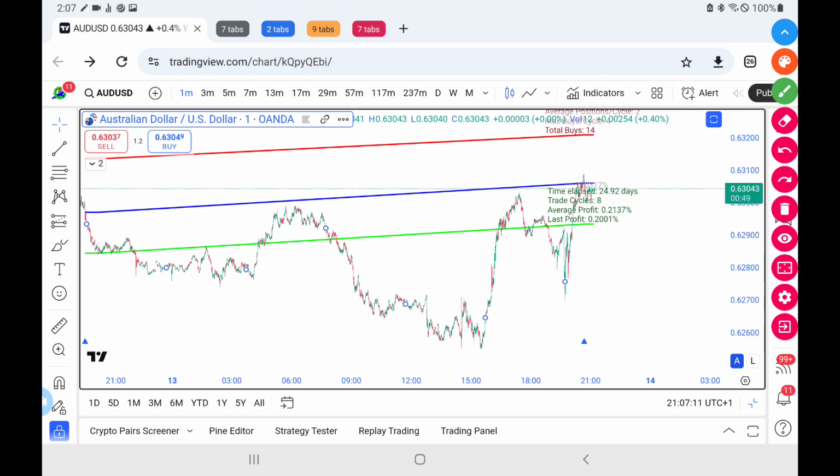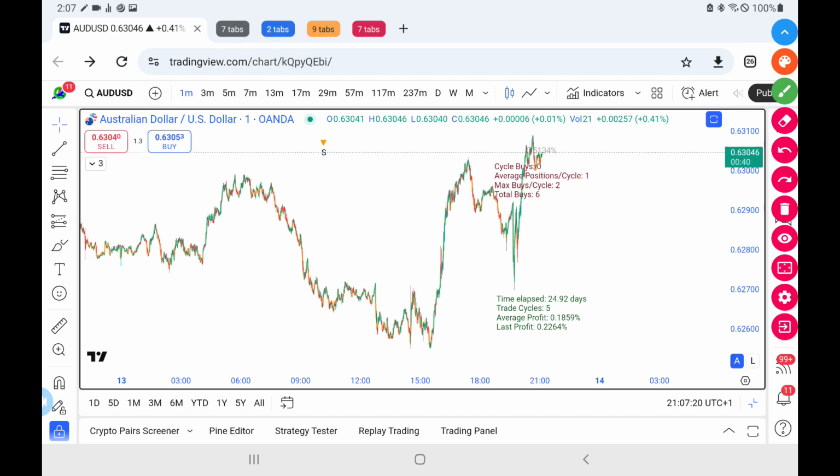So with that being said, with range filter, we have 5 total trade cycles with a maximum number of purchases of 2. So we have a drastic and direct reduction of profit, albeit a drastic and direct reduction of risk.